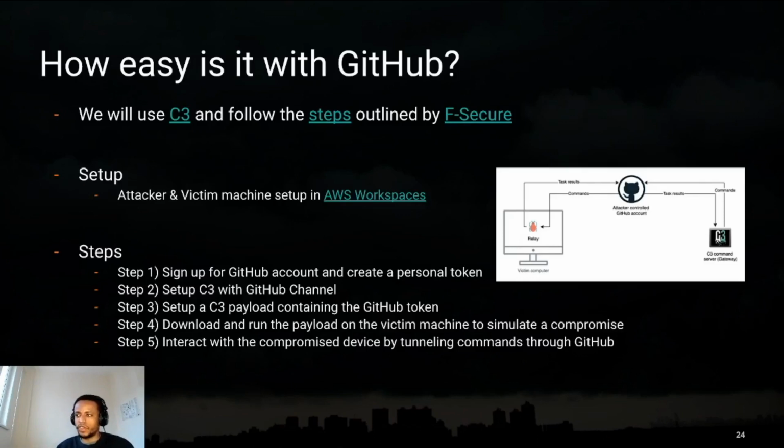So you can see on the screen, that's kind of what we're doing. C3 sends commands to GitHub account. The victim machine has a relay, which is the correct terminology for C3, right? Has a relay running that will pull these commands, execute the tasks, and upload the results to the GitHub account that C3 will pull and show.